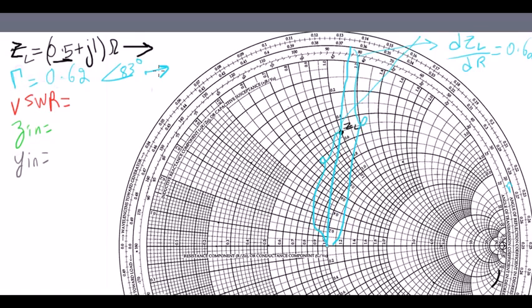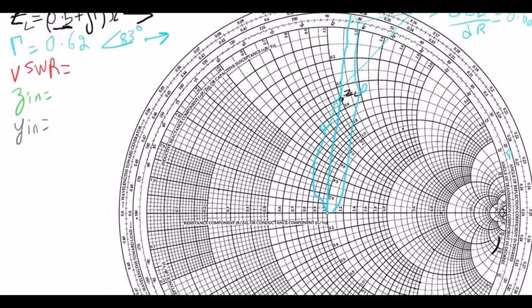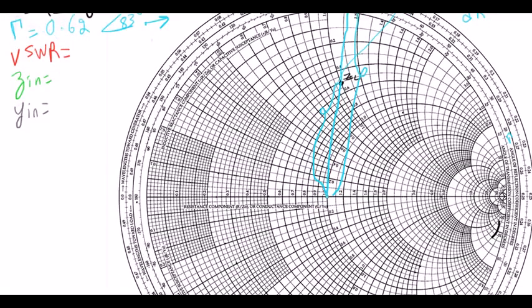Now as we go back, we need to get our voltage standing wave ratio. This is easy to obtain from the Smith chart. As you notice, I did the dots earlier because I don't have a compass, but you will need a compass to actually draw a circle starting from this ZL point and ending at that ZL point as well.